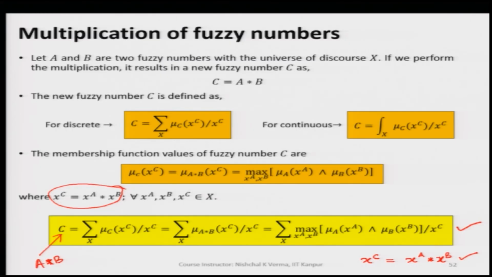In addition, x c was x a plus x b. In subtraction, x c was x a minus x b. In multiplication, we have x c equal to x a into x b.